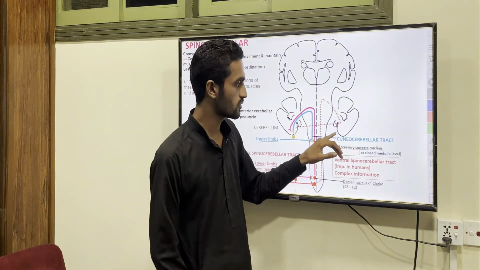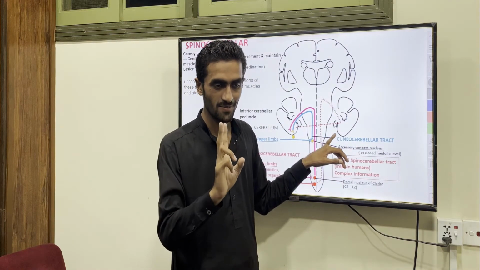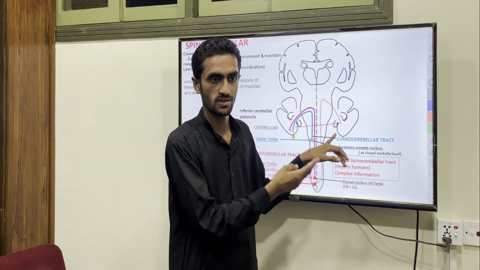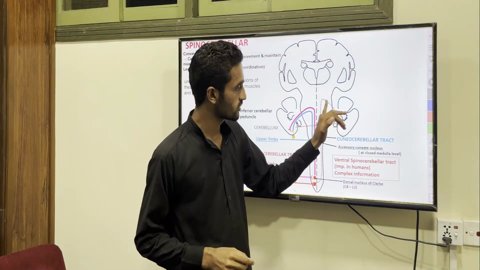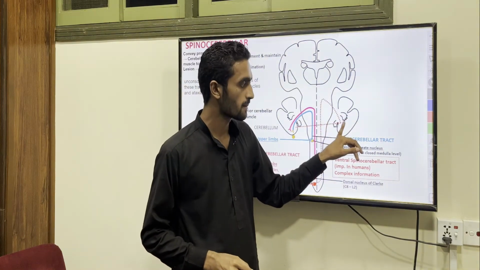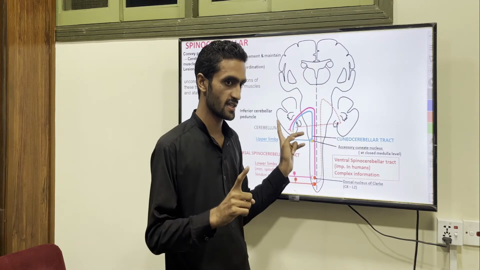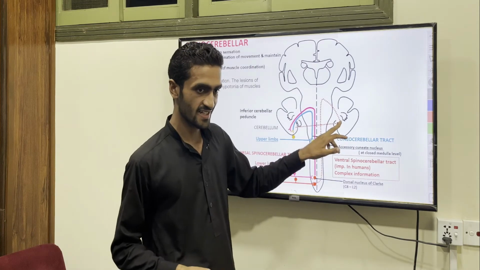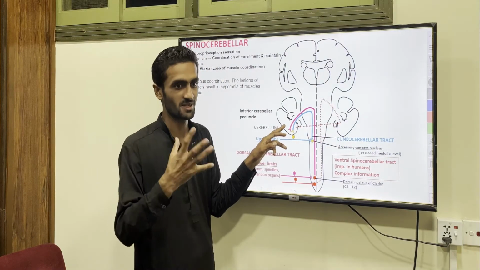No, here there are only two, because they are not going to the cortex. Clear? So the second is going and entering the cerebellum by the superior peduncle. This is by the inferior, this is by the superior. As they enter, they come back to the ipsilateral side. Little confusing.